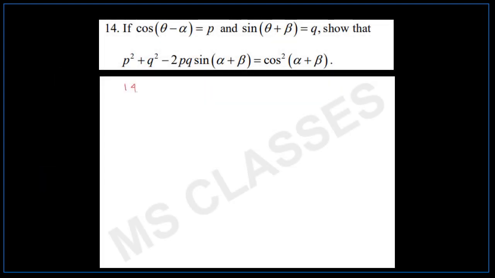It is given cos(theta minus alpha) equal to p and sine(theta plus beta) equal to q.